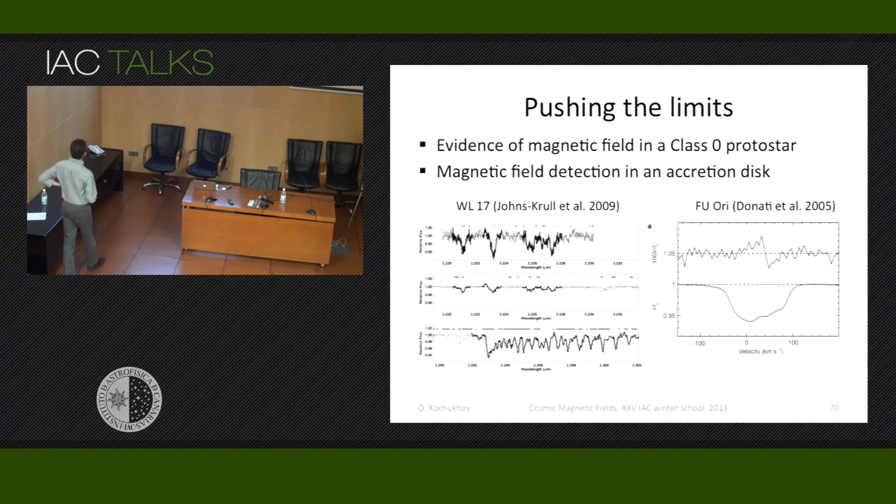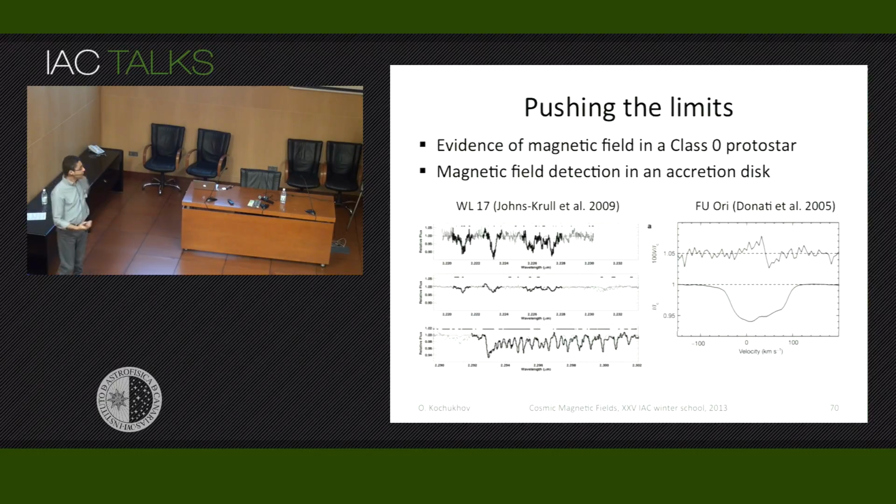If we look at what is going on at the forefront of this business of investigating magnetic fields of young objects, the things that are really pushing the limits are attempts to detect magnetic fields at even earlier evolutionary stages.